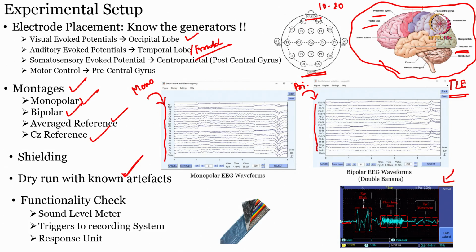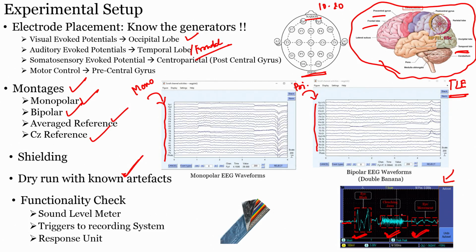Then when the subject is asked to blink, you see this kind of pattern, very important. Further, when somebody clenches the jaw, we were getting this kind of pattern, and this is a known pattern, by the way. So when you perform a certain experiment, you should check this kind of known artifact.